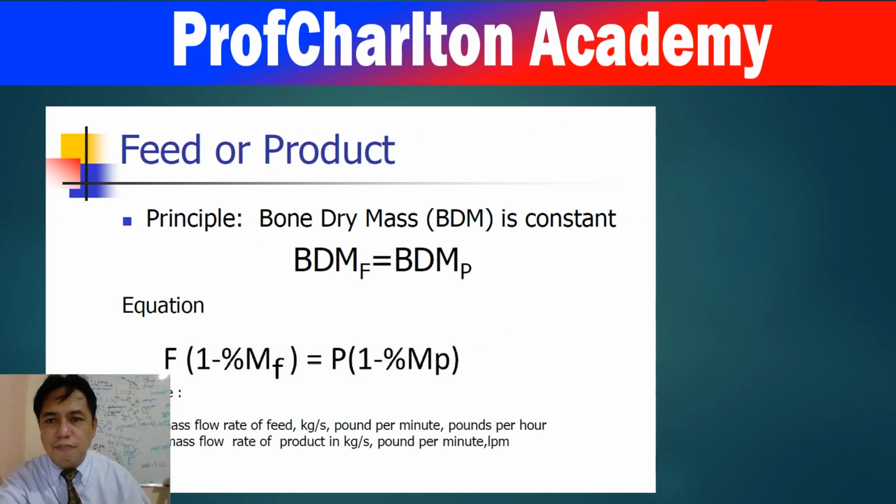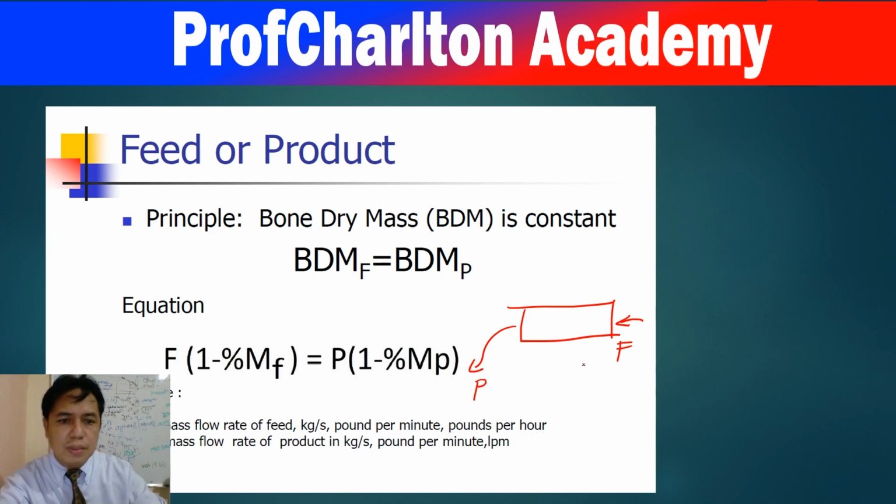So here, feed or product. As I told you, there are two sections in the dryer, and let me use this portion here. Here is the feed. When you have a feed, you will have an output as the product, and the material in each section has a percent moisture.